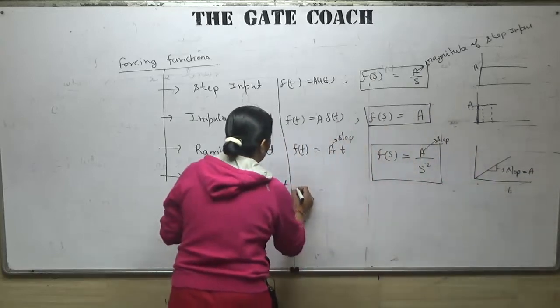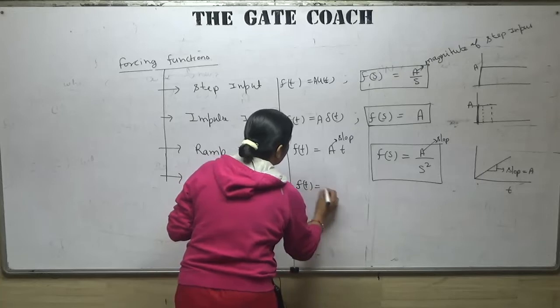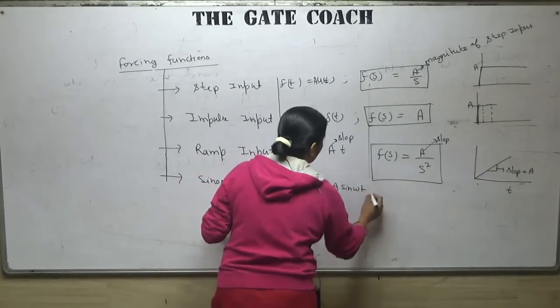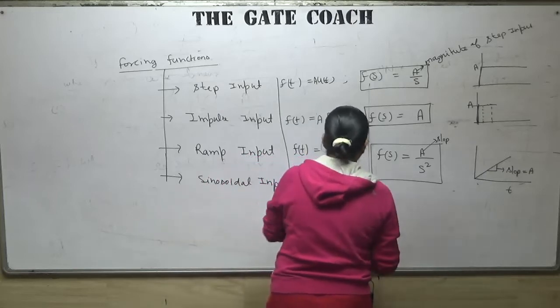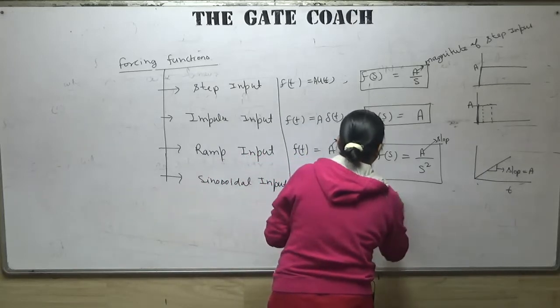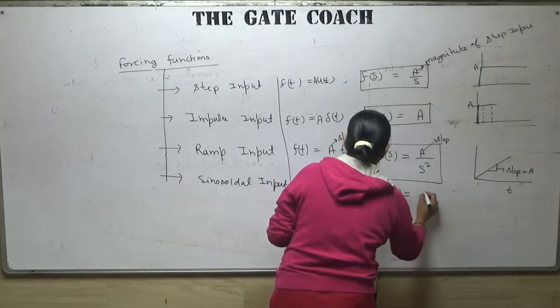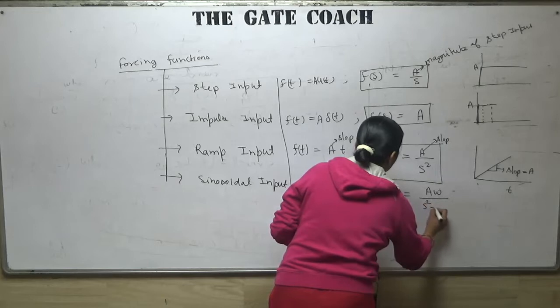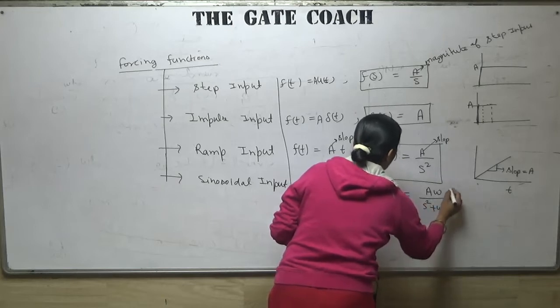And the sinusoidal input f of t equals a sine omega t, where a is the amplitude, and its Laplace transform is a omega upon s square plus omega square.